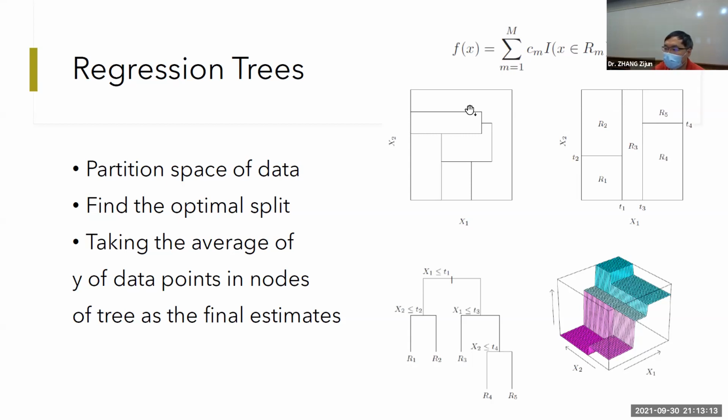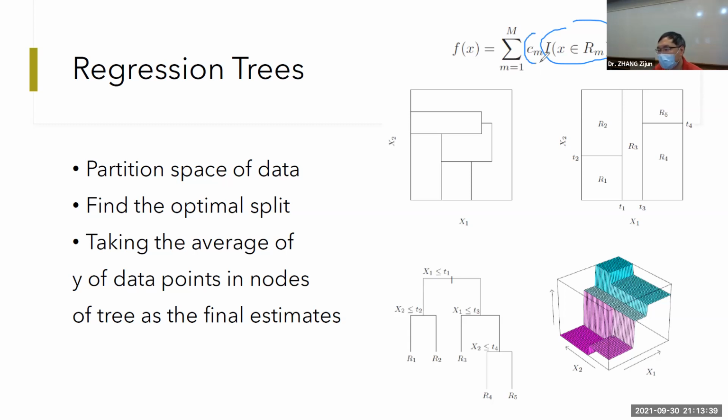So for example, this regression tree is composed of two parts. The first part is the indication function. The indication function indicates whether this X belongs to this region, or whether this X falls into that criteria.